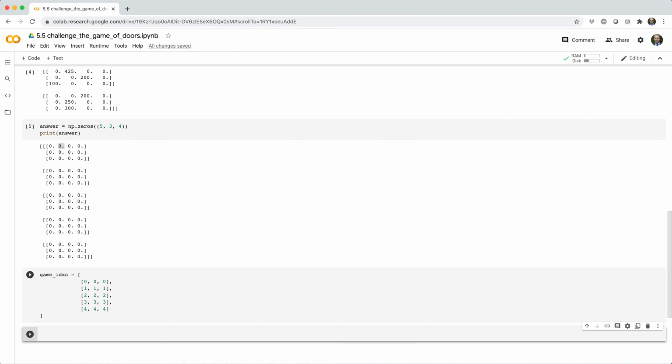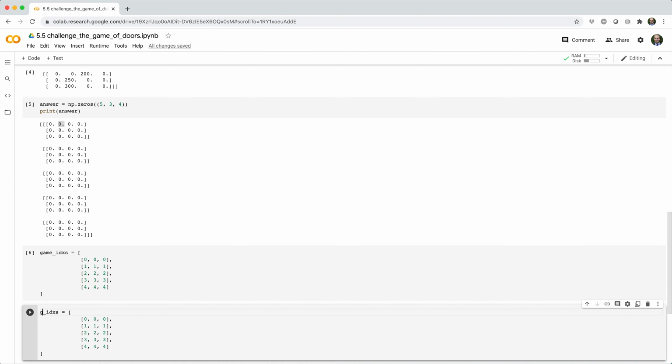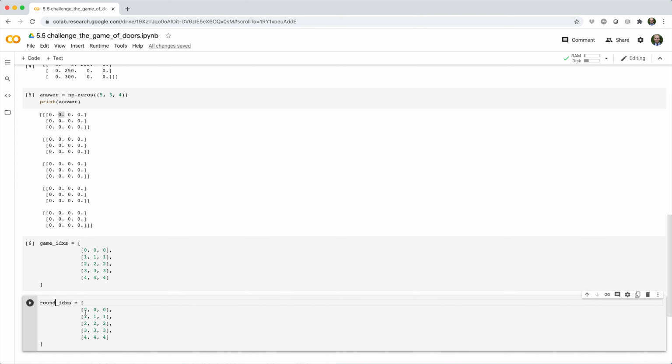And then we can do nearly the same thing for the round indices. So the rounds in this case are going to be 0, 1, 2, 0, 1, 2, 0, 1, 2, 0, 1, 2, and 0, 1, 2.